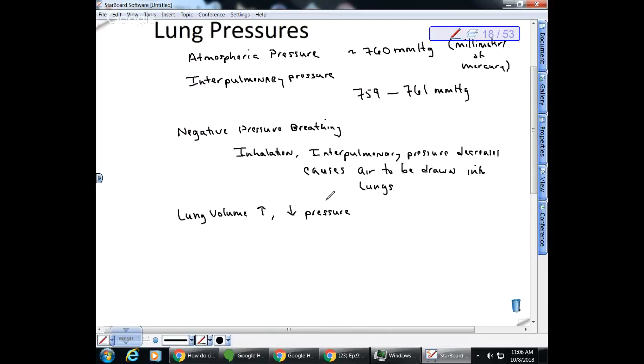And if you press on your balloon and try to get all the air into one part of it, that's going to increase your pressure. So as lung volume decreases, we have an increase in pressure.